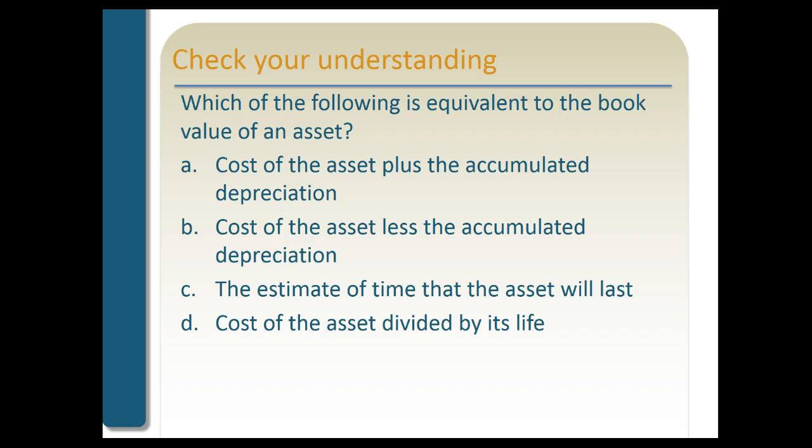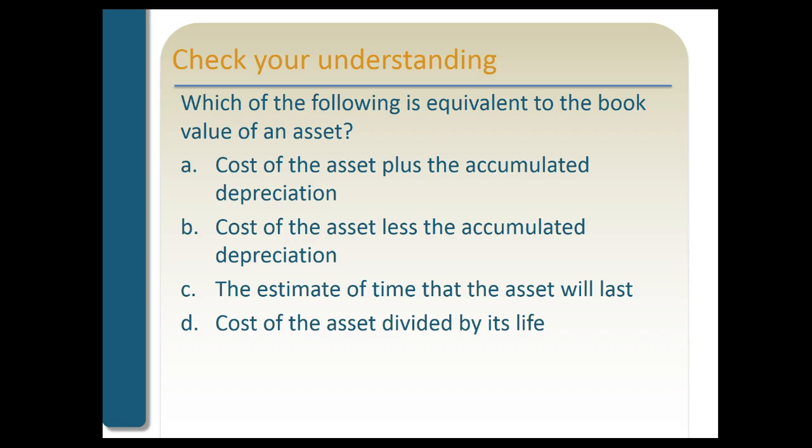Let's do another check your understanding. Which of the following is equivalent to the book value of an asset? Is it the cost of the asset plus accumulated depreciation? Cost of the asset less the accumulated depreciation? The estimate of time that the asset will last?